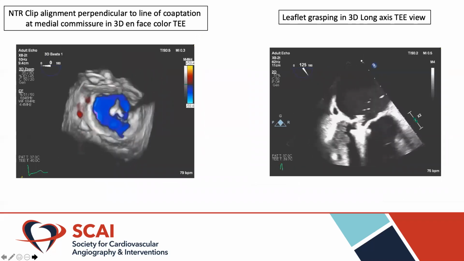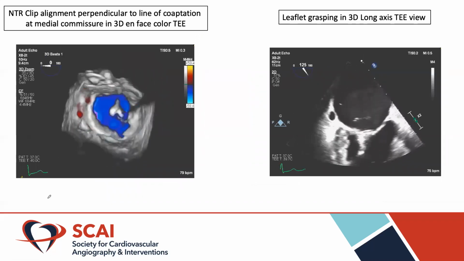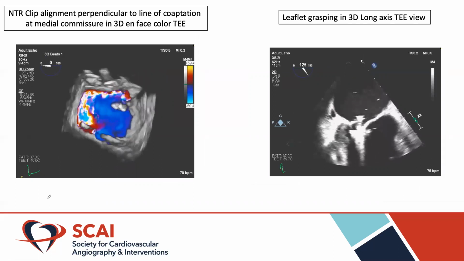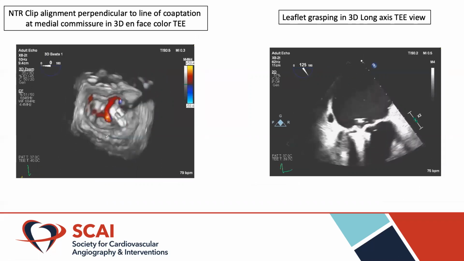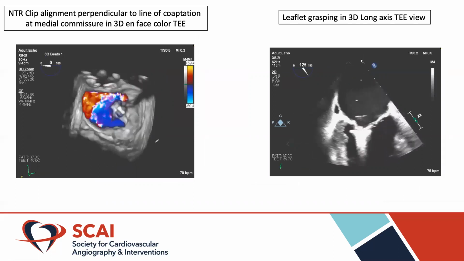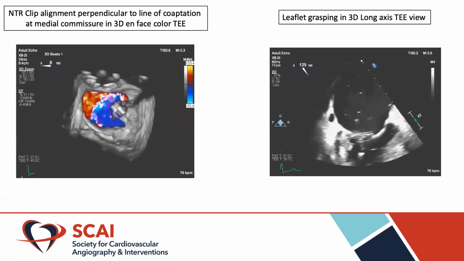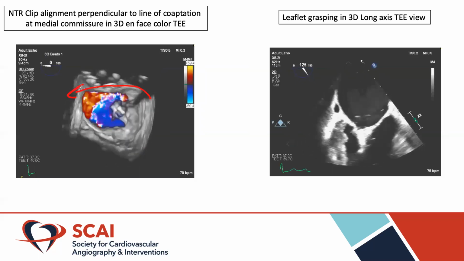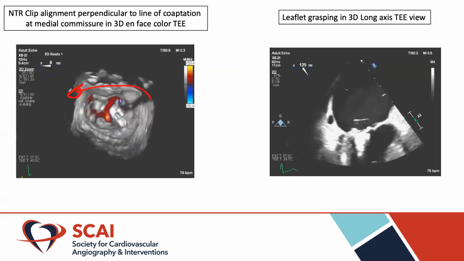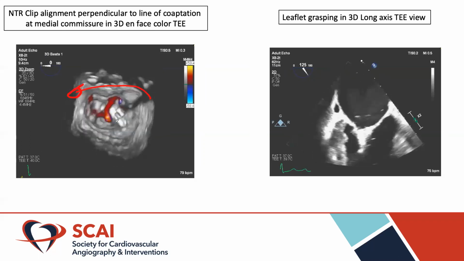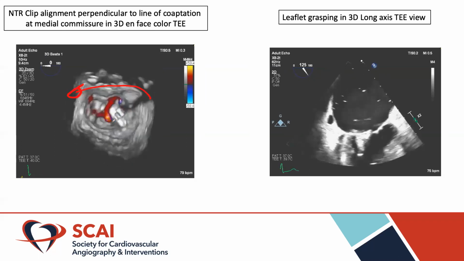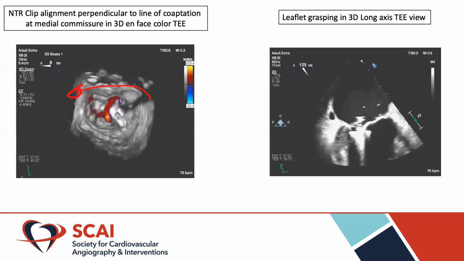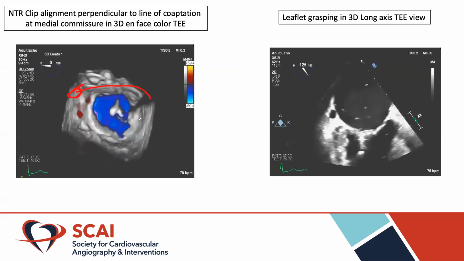The first movie on the left shows the patient's procedural TEE. You can see the regurgitant jet as well as the MitraClip, the regurgitant jet originating from the medial commissure and moving eccentrically, and we have the MitraClip aligned in an 11 and 5 o'clock orientation perpendicular to the commissure.